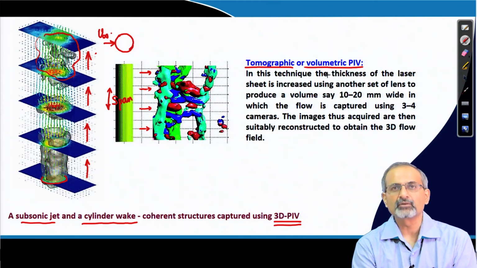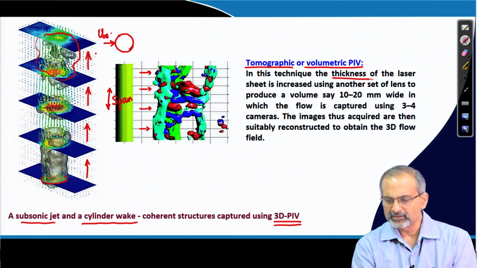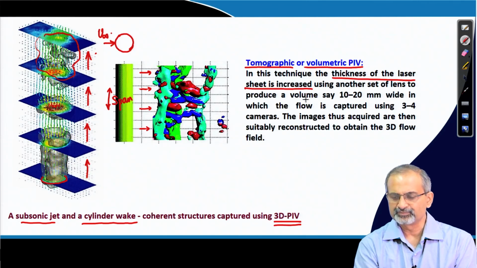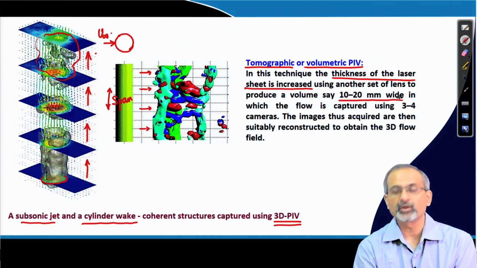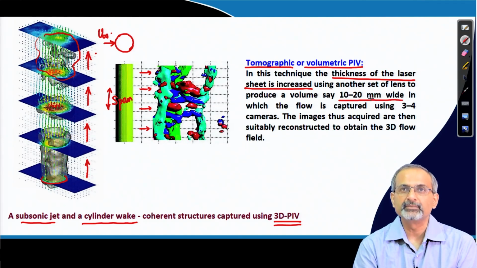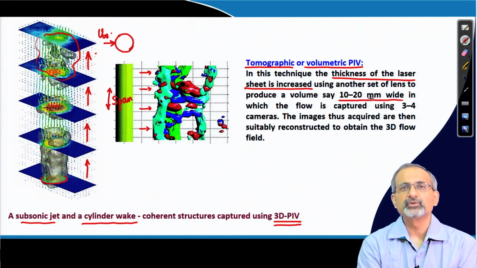So, in tomographic or volumetric PIV, what we see is that the thickness of the laser sheet is increased using another set of lenses to produce a volume which is much wider, say about 10 to 20 millimeter wide, which is significantly wider than the situation of creating light sheets when we try to do planar measurements.